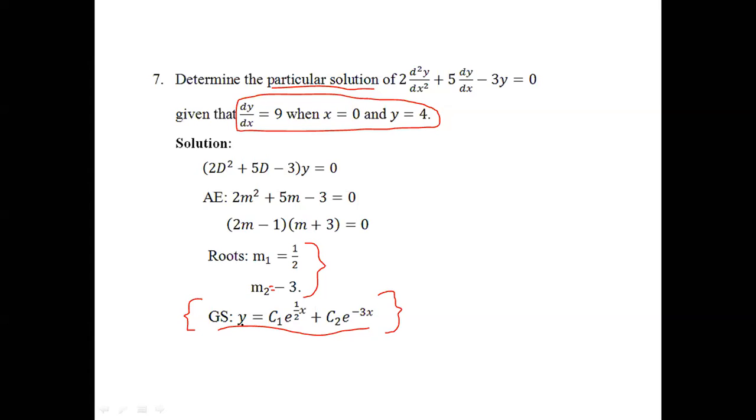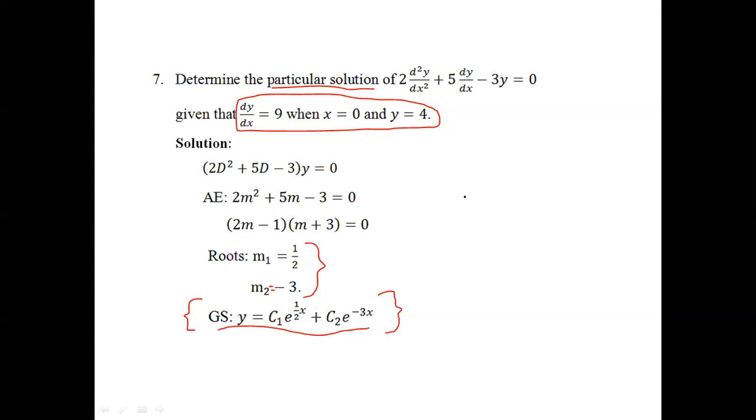So we have y equals C1 e raised to the power half x plus C2 e raised to the power negative 3x. Okay, this is equal to y.